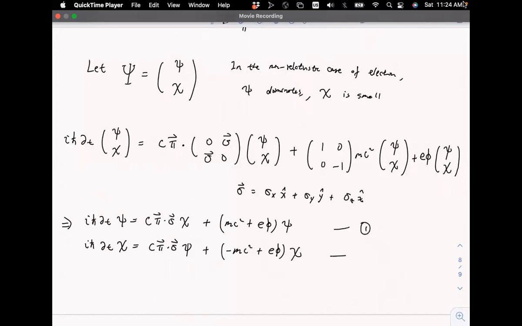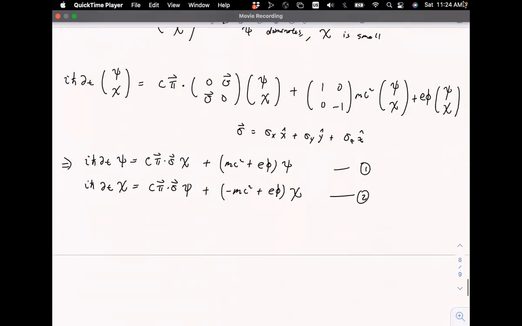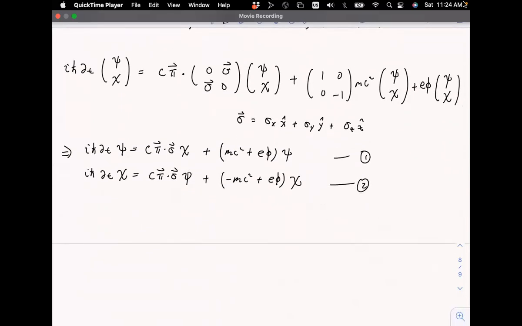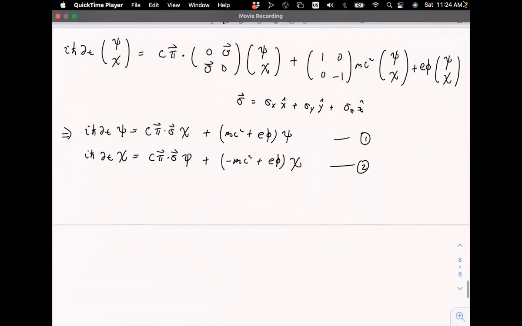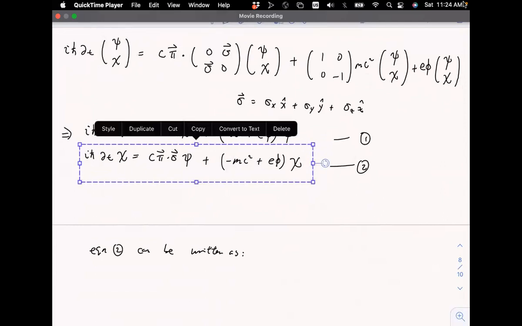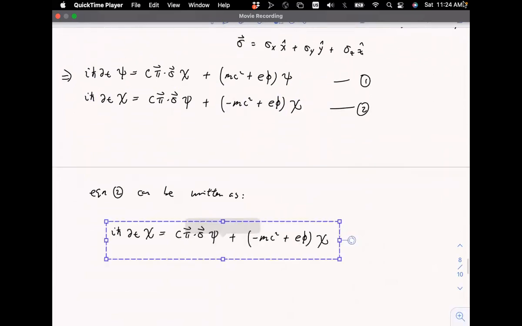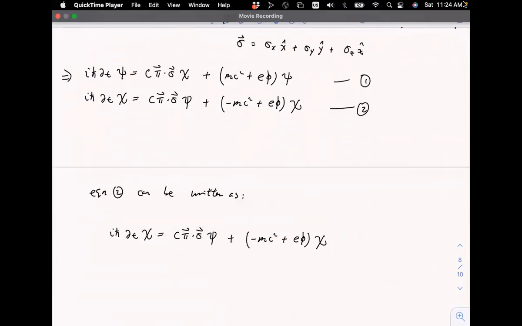This is equation 1. This is equation 2. So we know that in our consideration, chi will be small. So we're going to use this property. So equation 2 can be written as, okay, so this equation 2, let me copy. We're going to deal with this equation first.